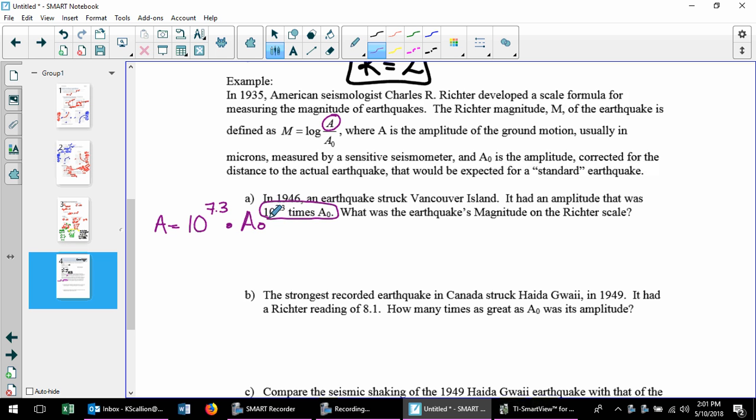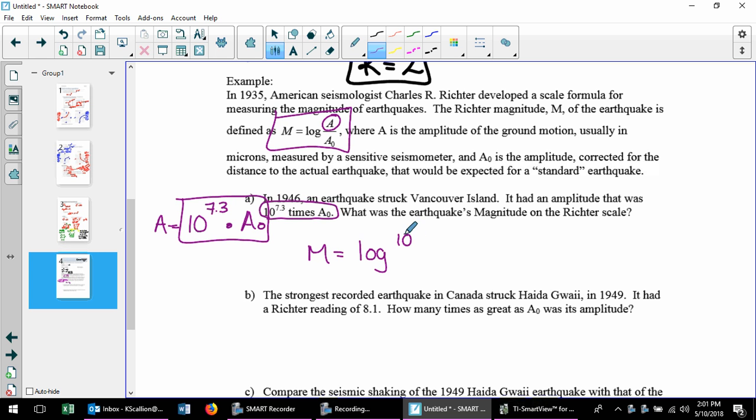So now what we're going to do is substitute all that information into the formula. So m is equal to log. What's the base on the log? 10, because it's not stated. If it's not stated, it's 10. We said that the A we're going to replace with this.